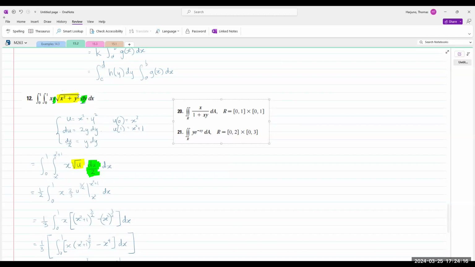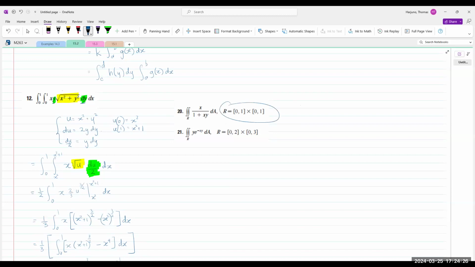What happened here in number 20 and 21, the integral, they don't tell us which one first. And actually, because the domain is a rectangle, you decide which order of integration you want to do. But because you have those choices, you need to be wise in deciding which one to do first.